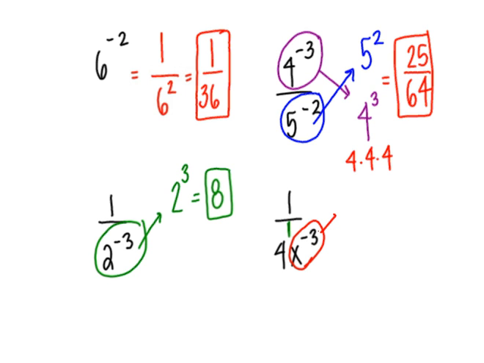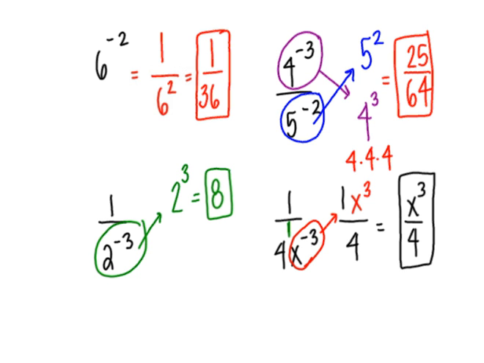So the x to the negative 3 moves to the top, but everything else stays exactly where it is. So the 1 stays where it is, the 4 just goes straight across and stays where it is. So your final answer for this one would be x cubed over 4.